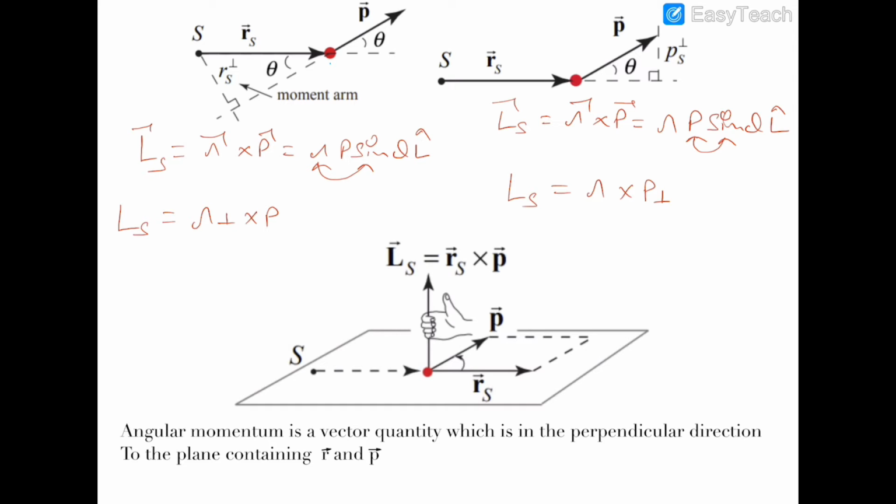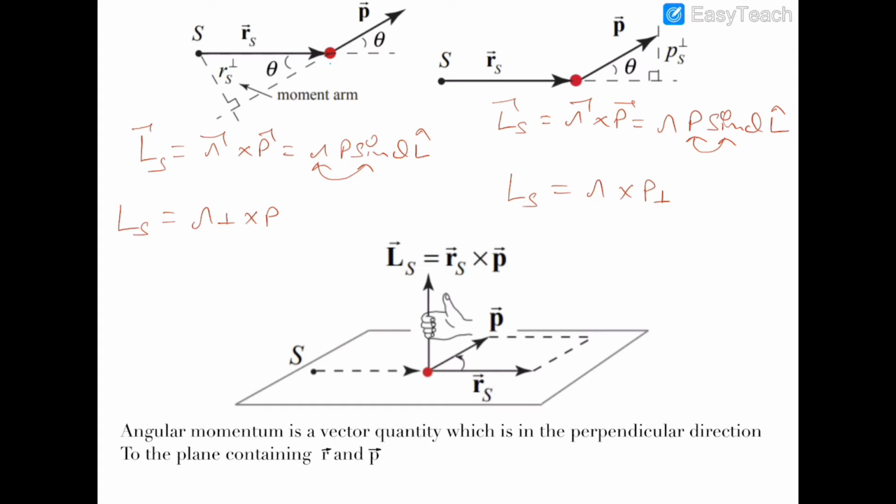Now the direction of angular momentum. As we have already learned in vectors, in cross product, if C is equal to A cross B, then C would have the direction which is perpendicular to the plane containing A and B, and therefore the direction of C can be determined by Fleming's right hand screw rule.